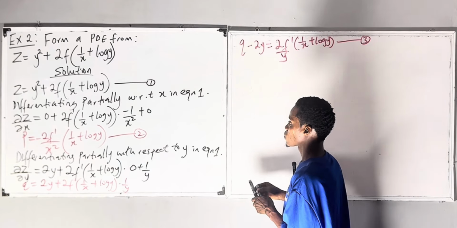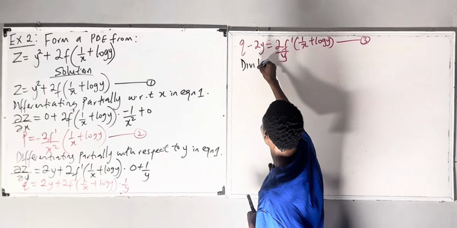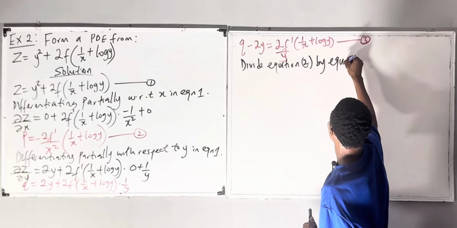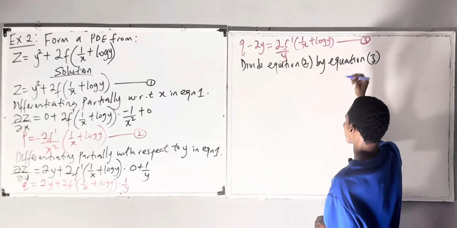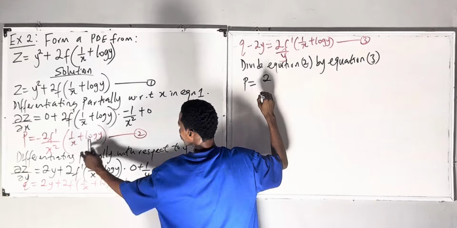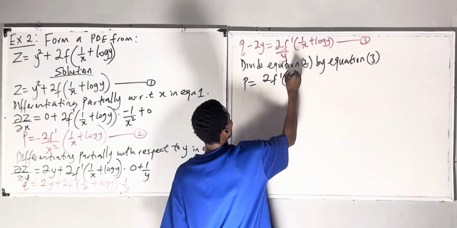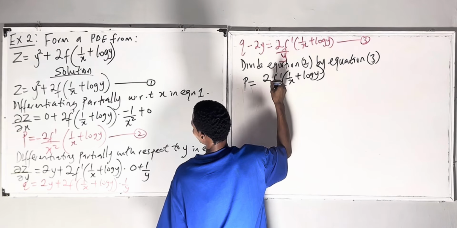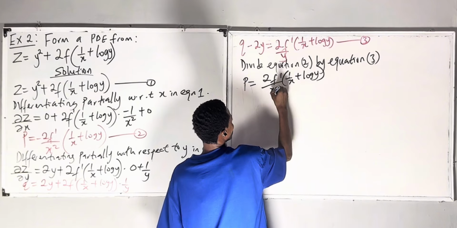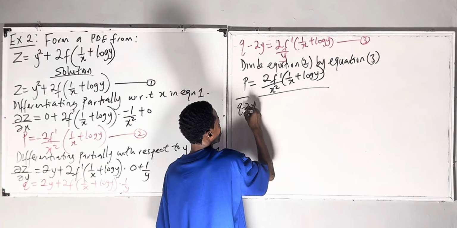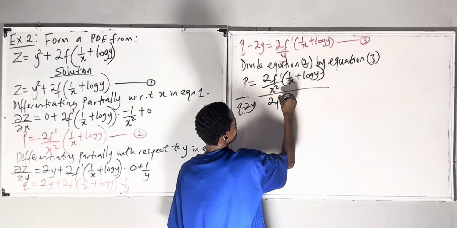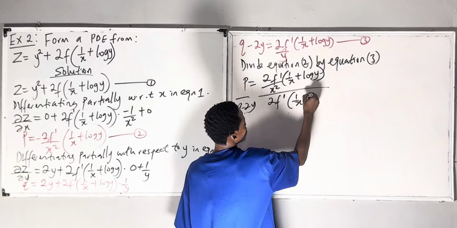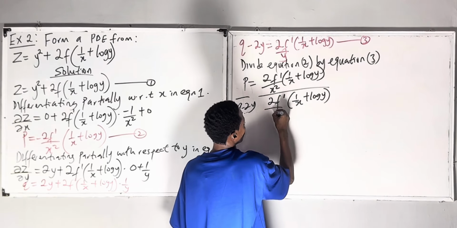So what are we going to have when we divide equation 2 by equation 3? We have 2f prime (1/x + log y) over x square, equals q minus 2y over 2f prime (1/x + log y) over y.